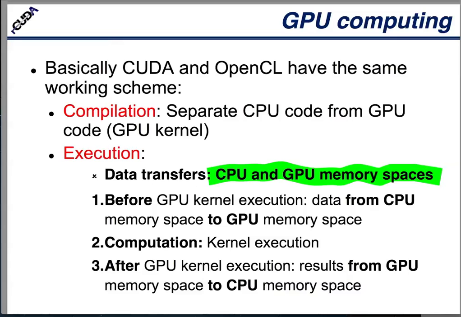Before the GPU kernel execution, we have to move data from the CPU memory space to the GPU memory space. Then we can execute the kernel in the GPU, and after the execution, we have to move the results from the GPU memory space back to the CPU memory space. That is an overhead in the execution of kernels in the GPU.